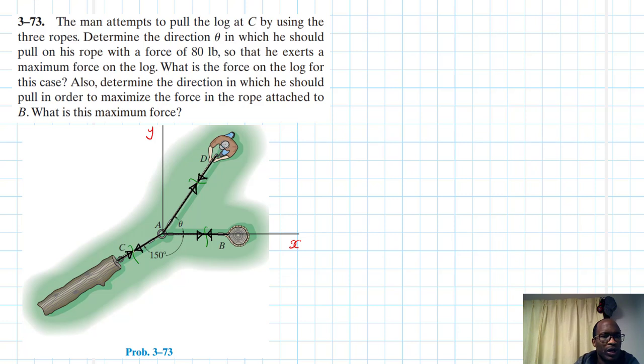So let's draw up other components. We are going to have a component in this direction from this force. Let's label these forces. This is AD, this is AD2. This is AB, this is AB2. This is AC, and this is AC2.